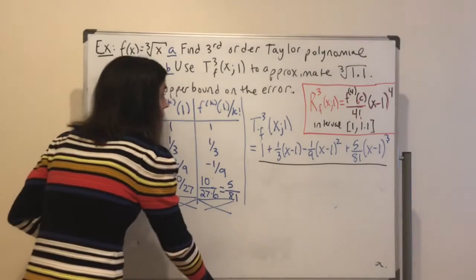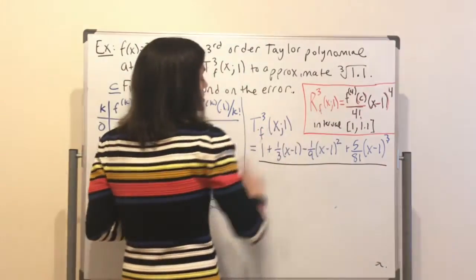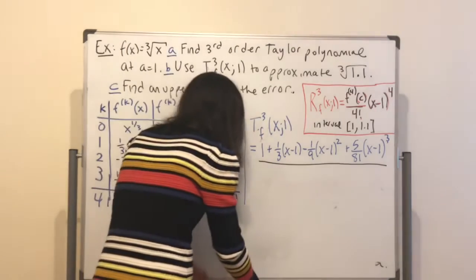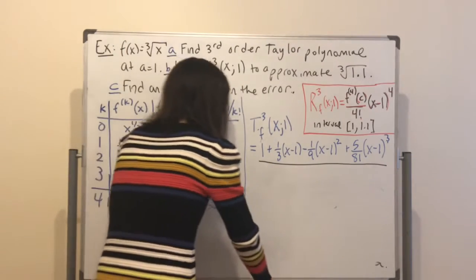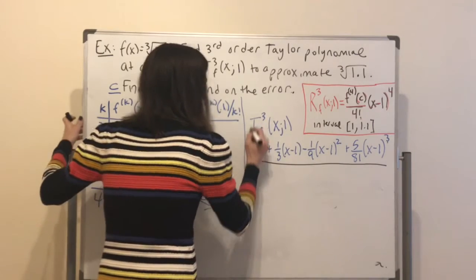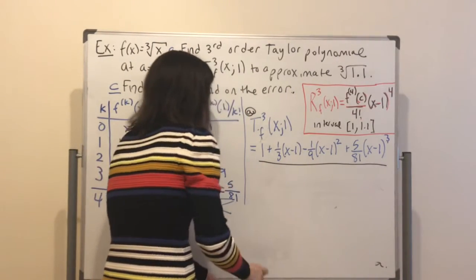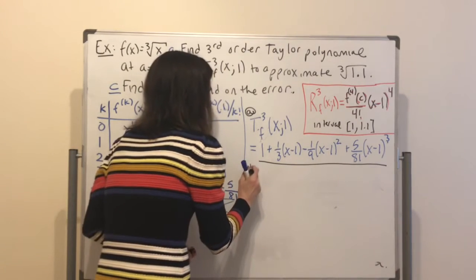Okay? Approximate this. So what do I want here? This is kind of like the example that I started with. This is part A. Part B, maybe I'll also put B.